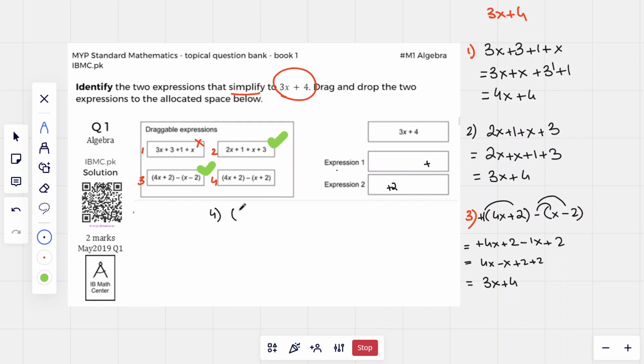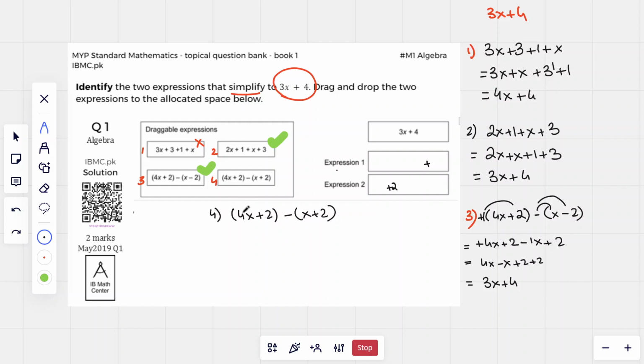So we've got 4x plus 2 minus x plus 2. When there's no sign outside, it is implied that the sign is positive. The coefficient here is implied to be 1, and the sign is positive. I'm just going to remove all of this because that's not given in the question.